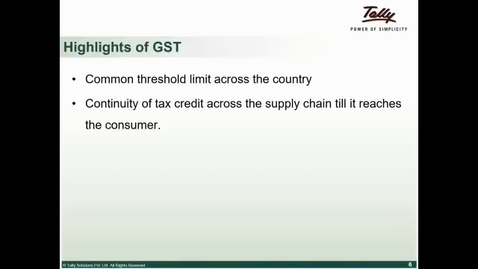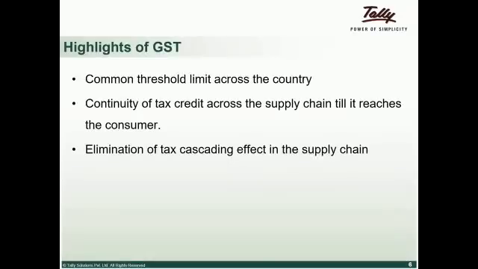But under GST, irrespective of whether you're a manufacturer or a trader or a supplier of services, it really doesn't matter. From the starting point till it reaches the consumer, whatever GST has been charged in the supply chain, each entity will be eligible to get credit across the supply chain.